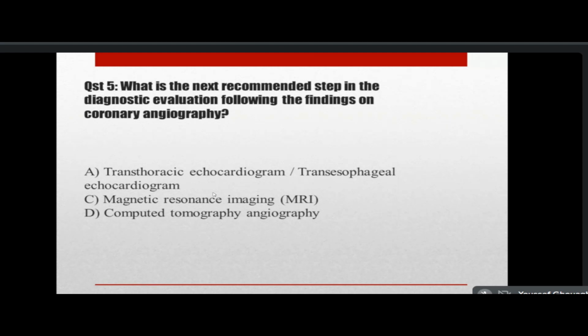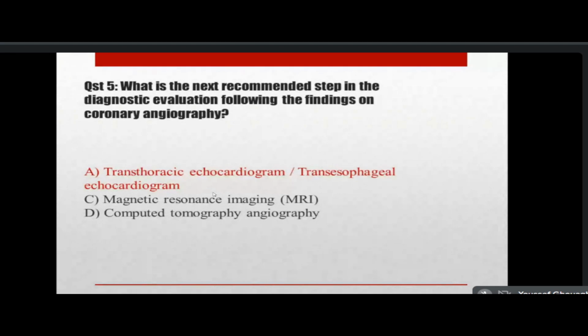So the correct answer for this question is A. Why did you put C? All of you see in the first step, we must at the beginning mention the transthoracic echocardiogram and transesophageal echocardiogram for detailed imaging of the cardiac structure, of course.